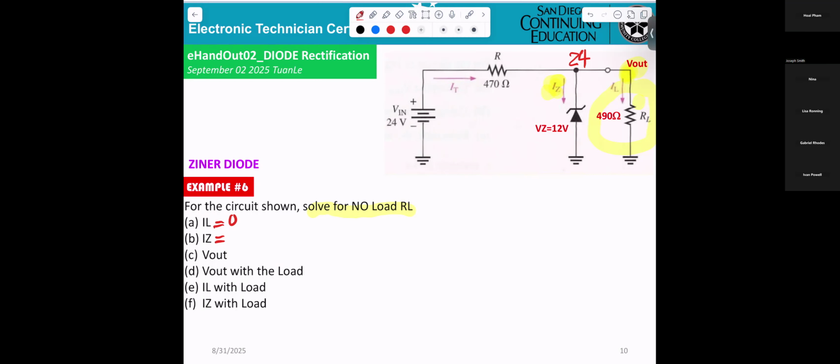Now, if that's 24, what's the VZ? That means the breakdown. Breakdown is 12 volts. 24 is higher than 12 volts, so the Zener will break down.